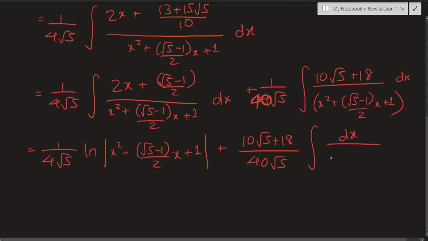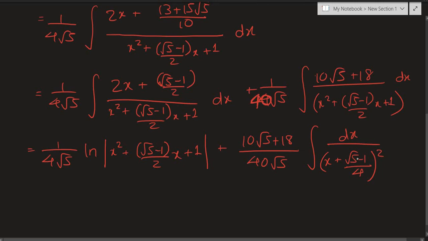So we're going to have, completing the square, x plus half of this term, so root 5 minus 1 divided by 4, the whole thing squared, plus we also have to subtract by the square of this term.